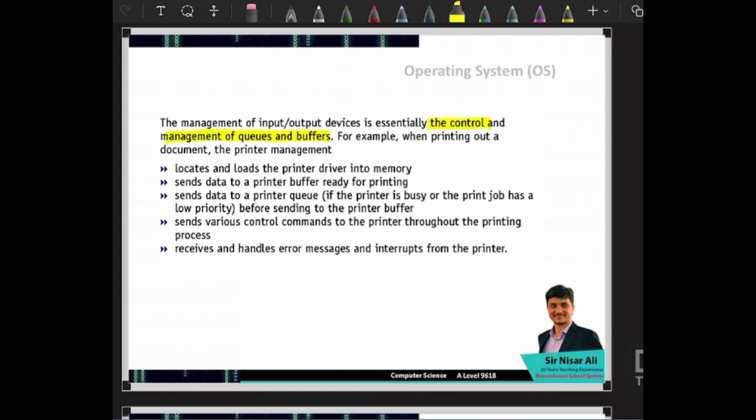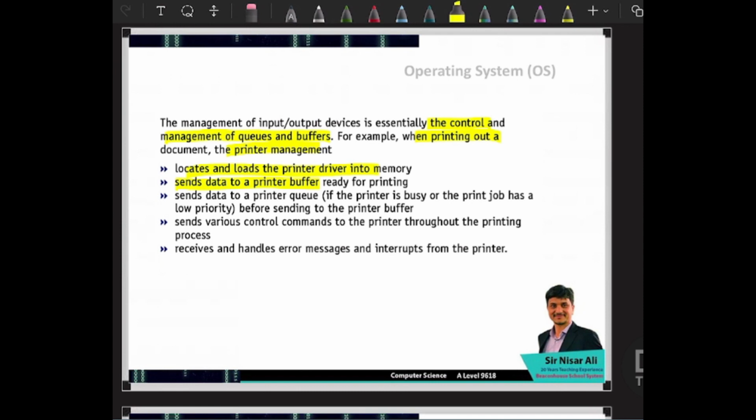When they are responded to, they are given time by the processor, and they are placed into queues. Like when printing a document, the printer management locates and loads the printer driver into memory and sends data to the printer buffer. A buffer is actually memory held by the hardware. Like the printer, which receives the printing tasks, the purpose of that buffer is to manage the difference in the processing speed of the processor and the printer.